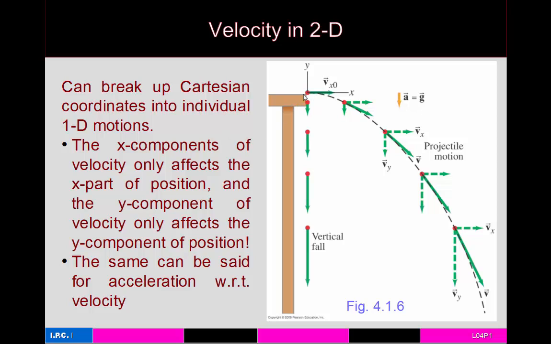This right here actually is showing the motion of two objects. The first object is one which sort of rolls off the table with an initial horizontal velocity, and the second is one that is dropped from the exact same height, released with no initial velocity.